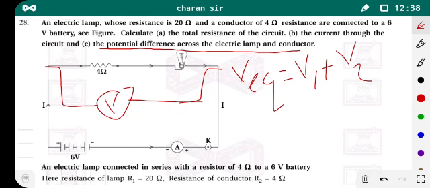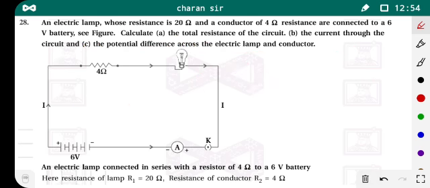So you have to find V1, that is across the 4 ohm conductor, and V2, that is across the electric bulb which has a resistance of 20 ohms. First of all we find V1. V1 is the potential difference across the conductor whose resistance is 4 ohms.